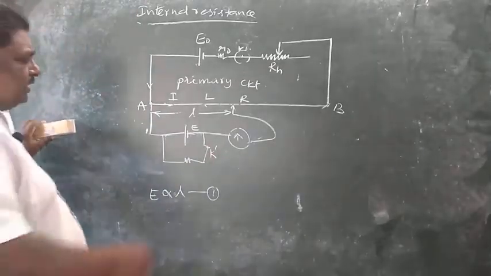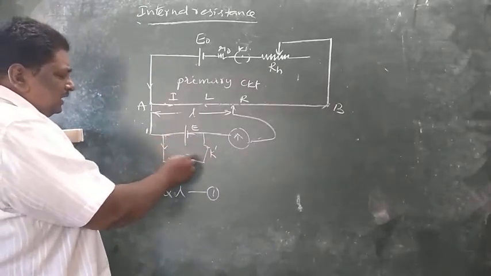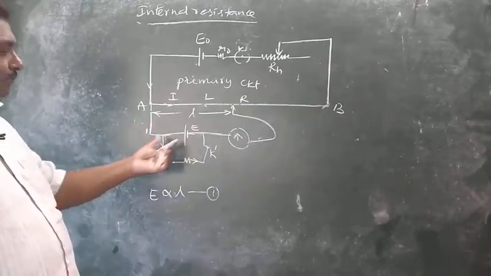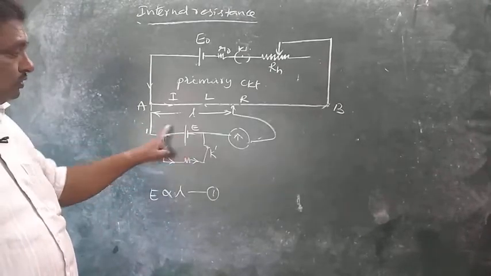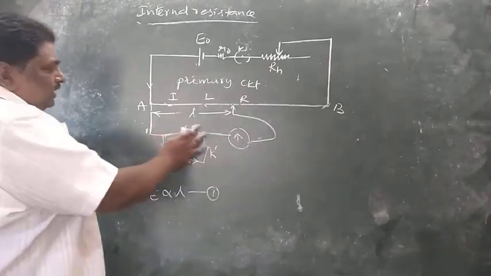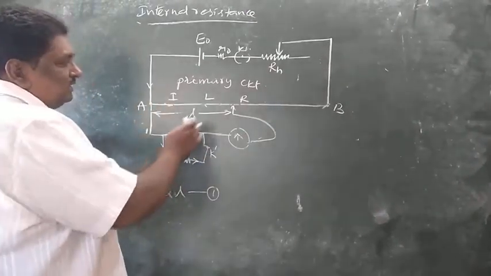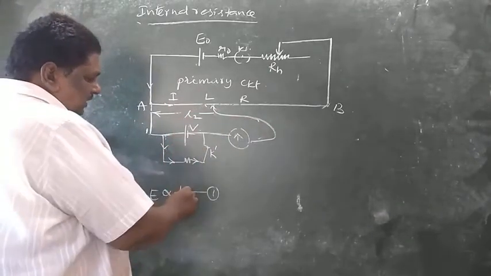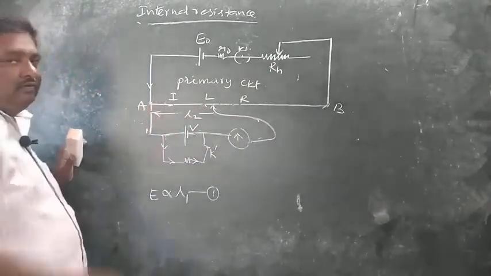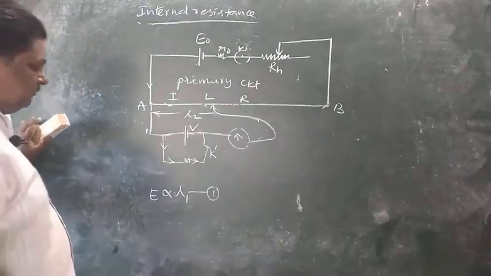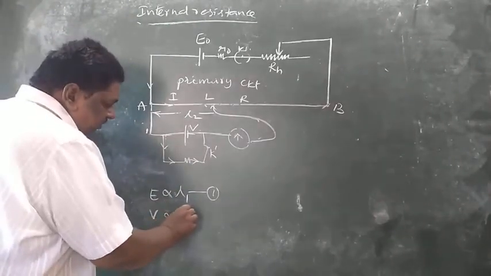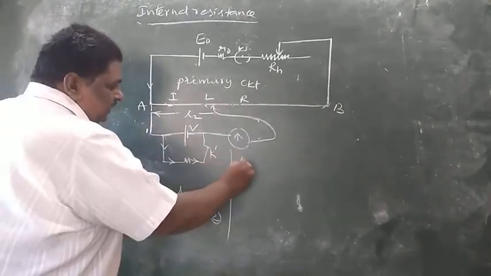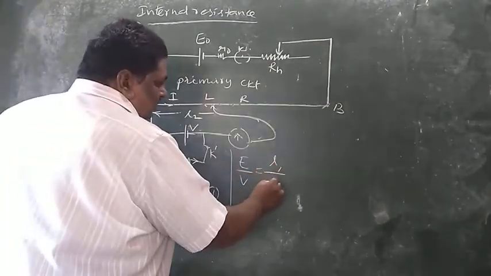Current is drawn from the cell, the voltage drops, and the PD is available, not the EMF. Since it is a closed circuit, the voltage is called V. It becomes less, so the balance length also decreases. Previously it was L1, now it is L2. Therefore V is proportional to L2, and we take the ratio E by V is equal to L1 by L2.